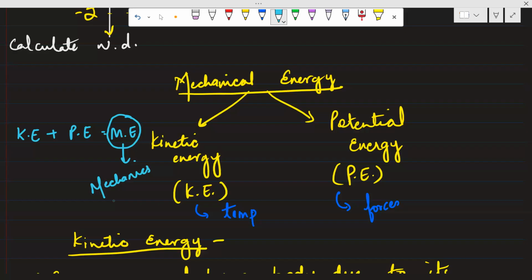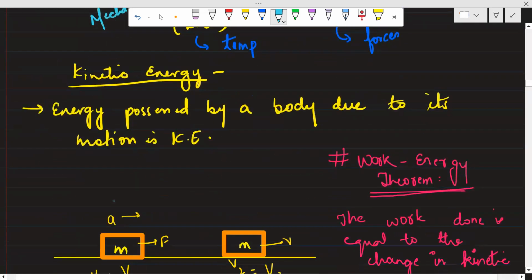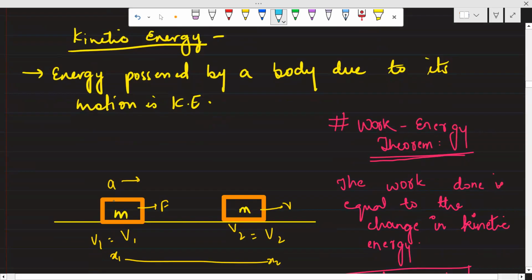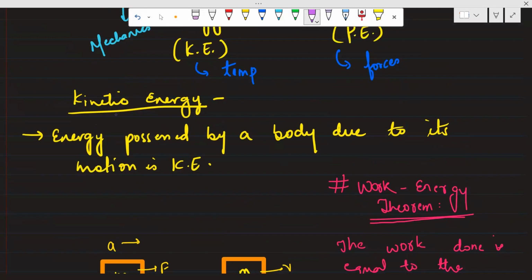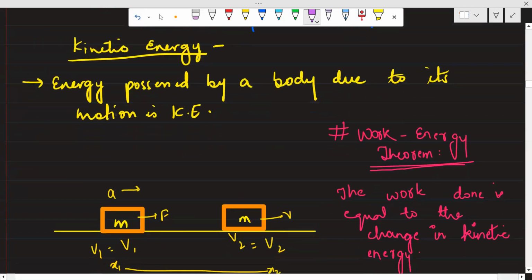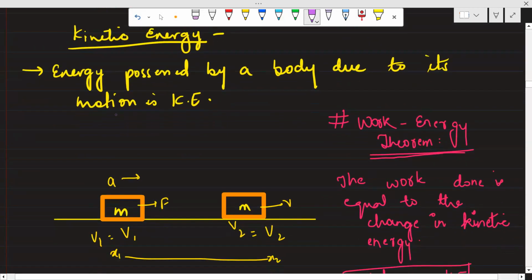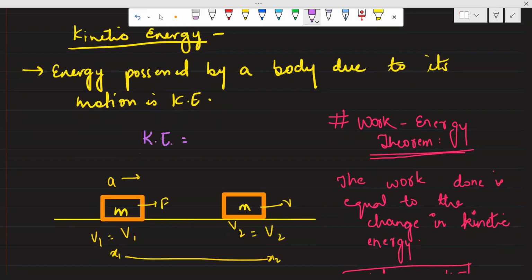Now we'll be talking separately about kinetic energy and potential energy. Now remember, to identify kinetic energy, it's very easy. Kinetic energy can directly be identified through movement, whenever the body is in motion. Because the formula of kinetic energy from lower classes, you already know, all of you. This is half mv square.